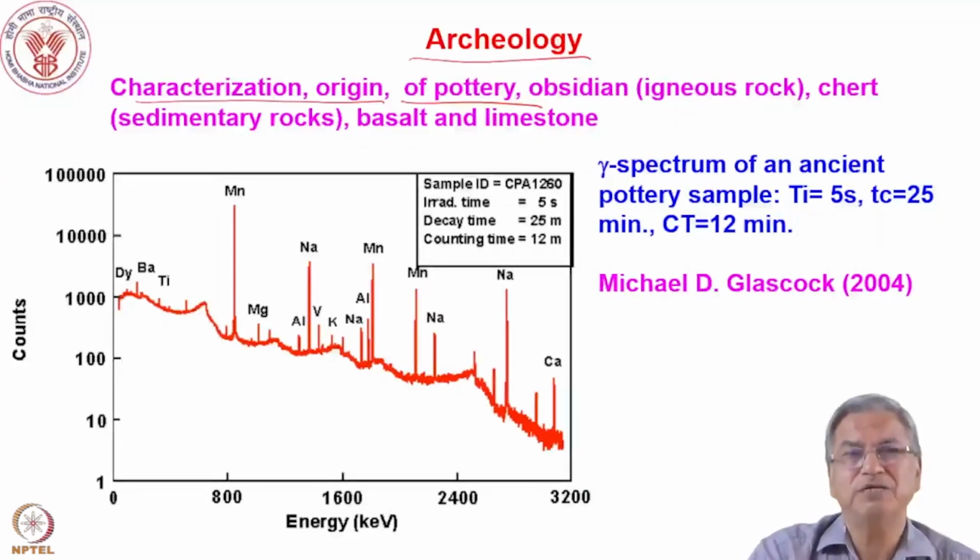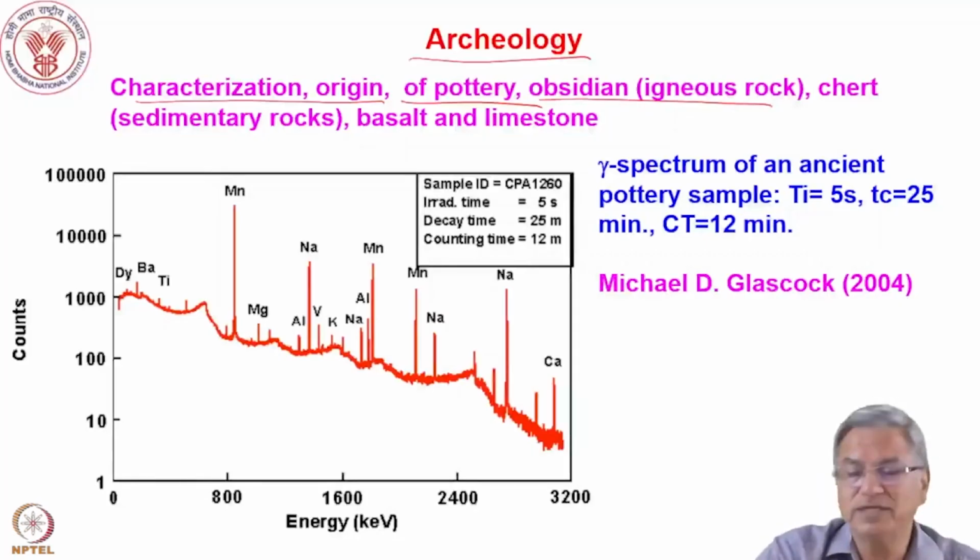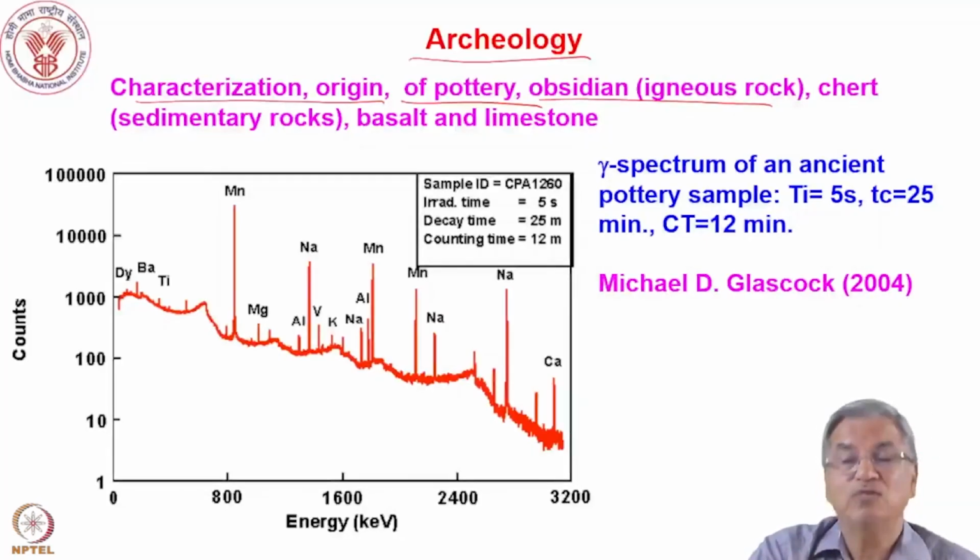So the ancient pottery had well characterized concentrations of different elements. There is a signature concentration of elements. So you can do analysis of this pottery and find out whether it is genuine or not. Obsidian is a type of igneous rock. So you can try to understand the volcanic eruptions that happened, what kind of rocks were generated in the volcanic eruption.